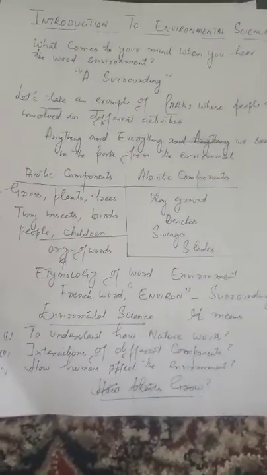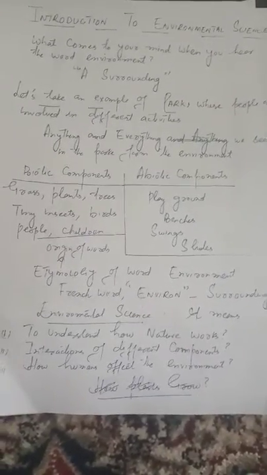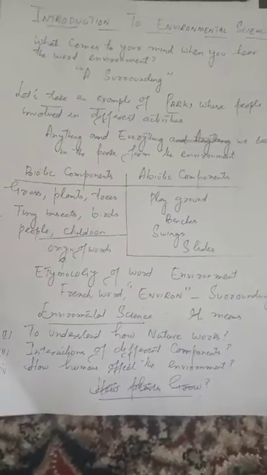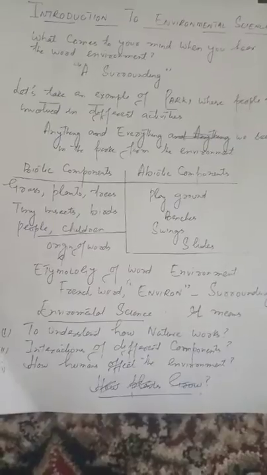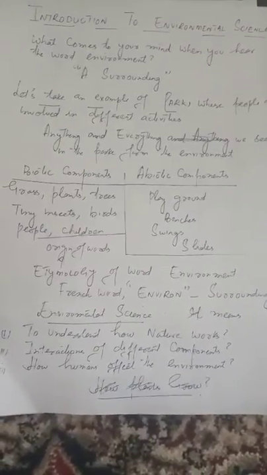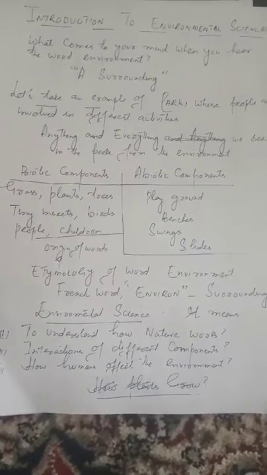First thing is literal meaning. Literal meaning is connected to its etymology. Etymology may be a new word to you guys. Etymology is the branch of linguistics, language, which deals with the origin of words.